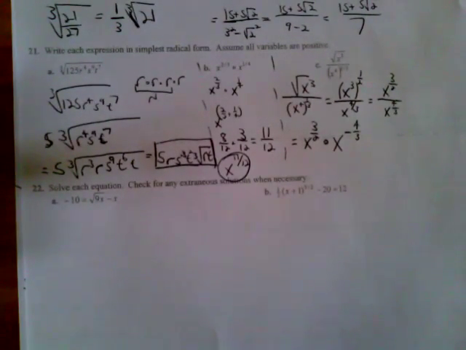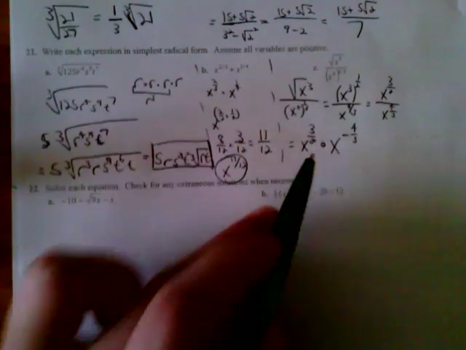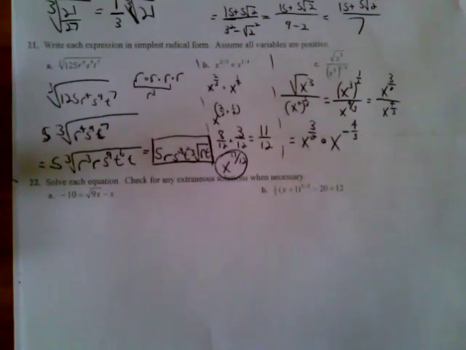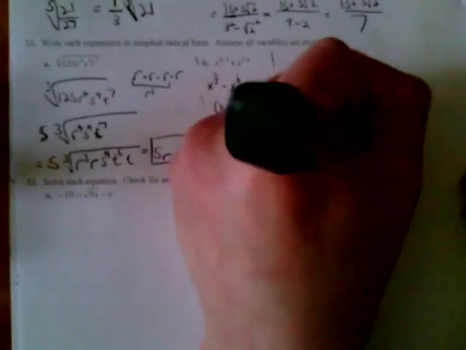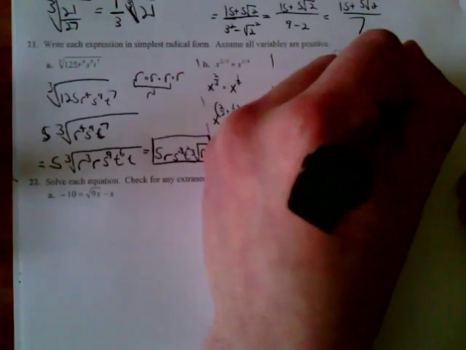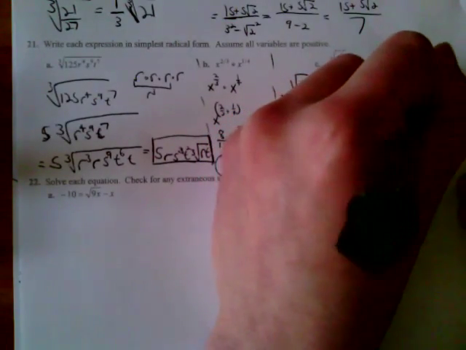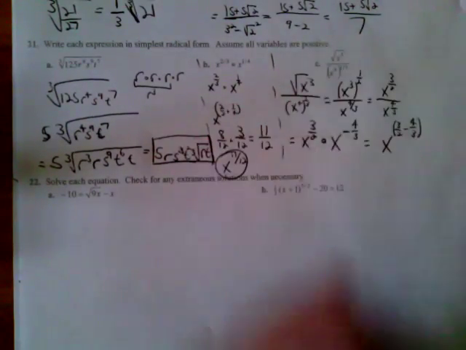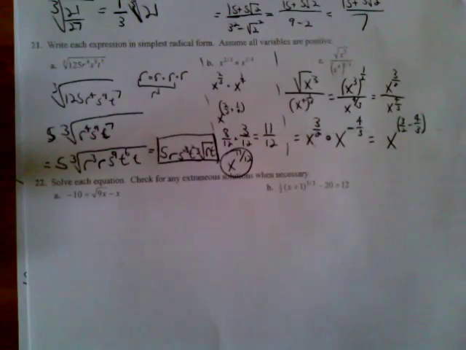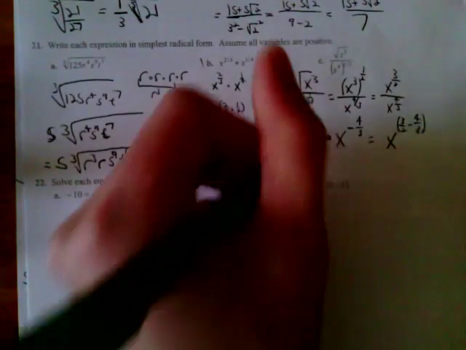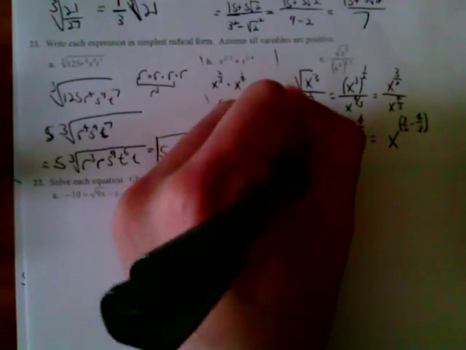Now this looks pretty similar to the last problem, except it's subtraction instead of addition. So it's x to the 3 over 2 minus 4 over 3. We just find a common denominator for the two fractions like we did in the last problem.